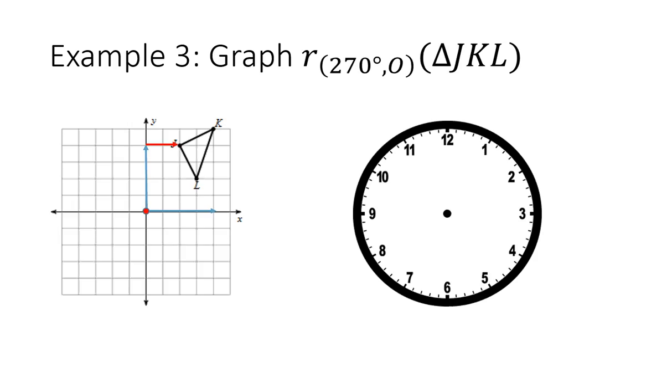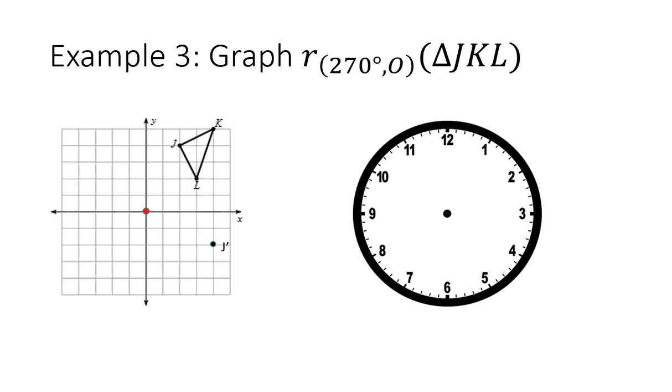And so I have to go to the right 4 because the blue arrow went up 4. And so next I'm going to do the red arrow, which is pointing towards 3, 2 units. And so when I do the rotation 90 degrees clockwise, it'll be pointing down towards the 6 o'clock. And so my new J prime will be located right there.